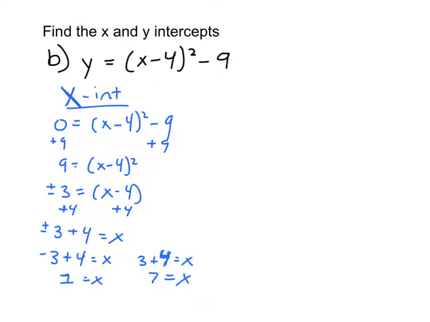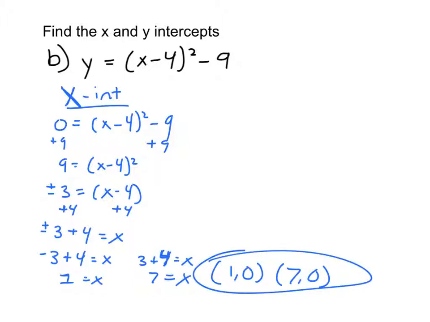So my two x-intercepts are 1, comma, 0, and 7, comma, 0. In these two examples, we had two x-intercepts and one y-intercept. It's not always going to be that way. Sometimes you can have lots of x-intercepts, or you could have one x-intercept. Just because both these examples had two x-intercepts, it's not always two.